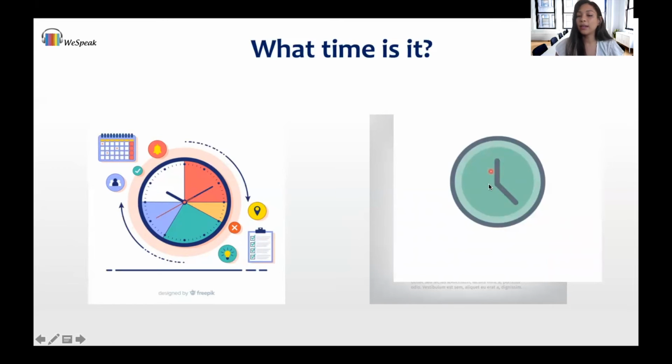What time is it here? It's 12, 20. Yeah, it's 12:20. Or it's 20 past 12.